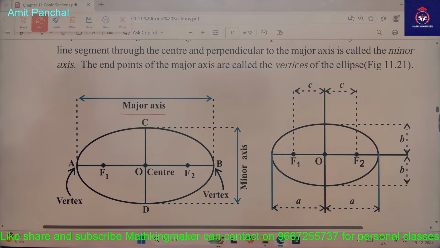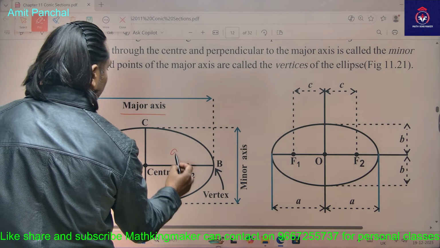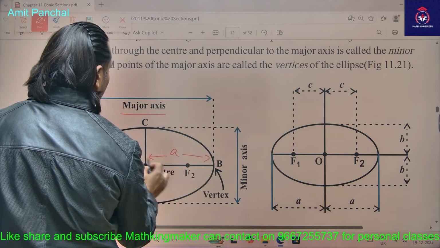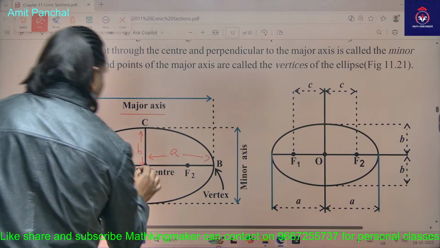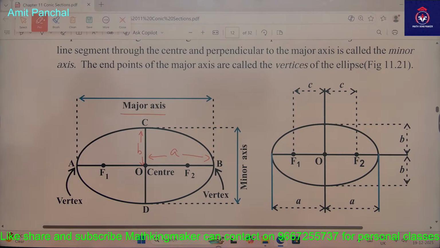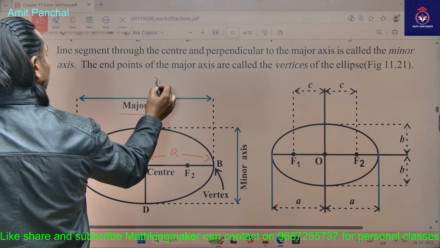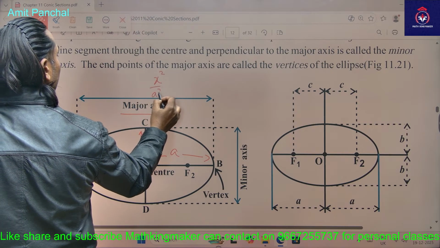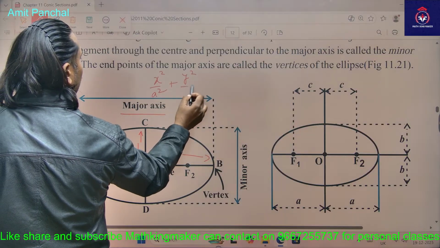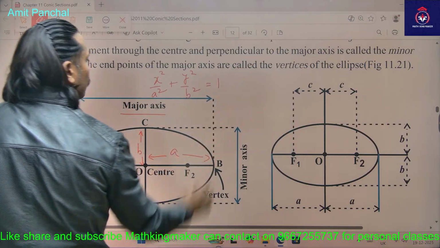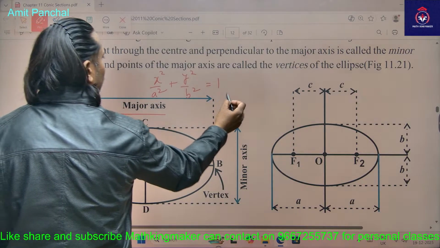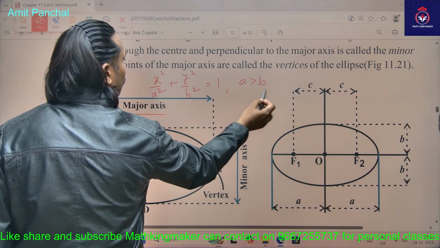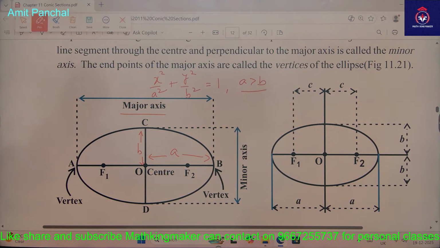So if this is A, this is B, and the center of the ellipse is 0, the equation of the ellipse will be x square by a square plus y square by b square equal to 1, where a is greater than b.